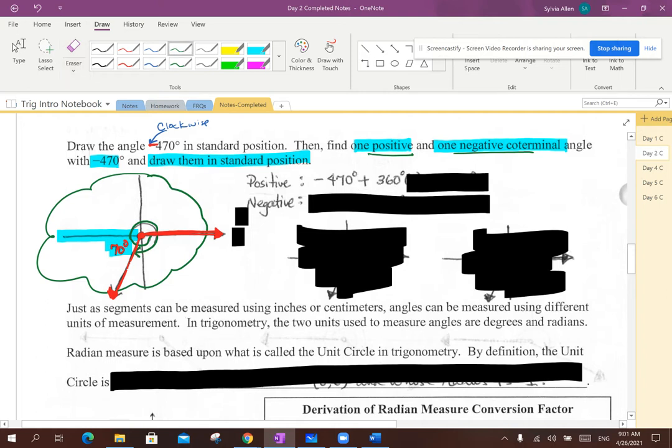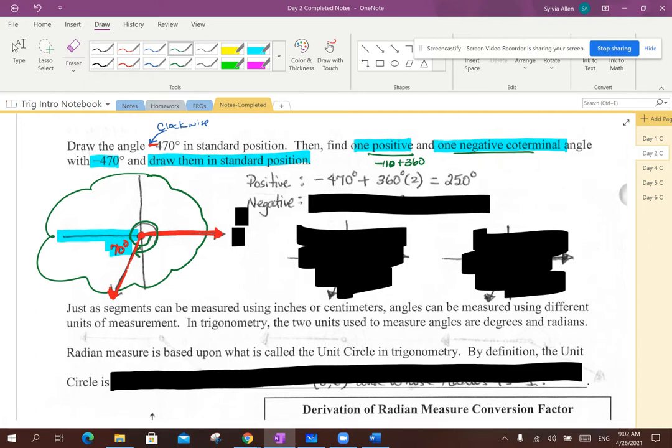Well, when I do that, I still end up with negative 110 degrees. So I need to add another 360. So I know that I'm going to have to add 360 twice. Now I could do that one at a time, or I can go 2 times 360 because I'm having to go around twice. And either way, that's going to end up giving me 250 degrees.